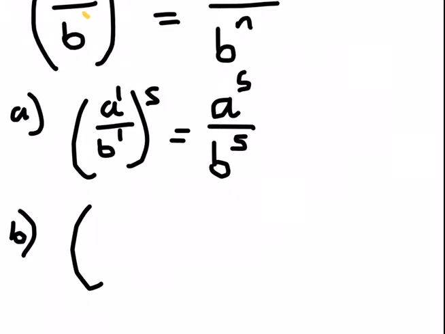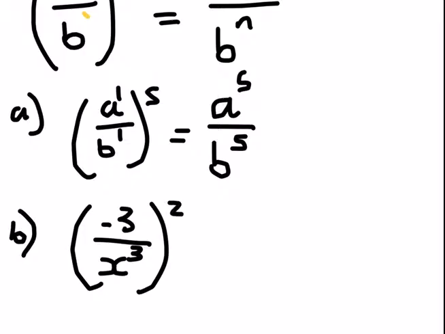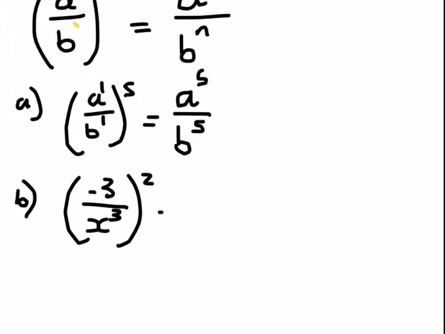Now let's do this interesting one, because I want to train you on some problems which involve negatives, so that you can see how you deal with negatives when applying the laws of exponents. Be very careful always when you are dealing with a negative base that is a number.